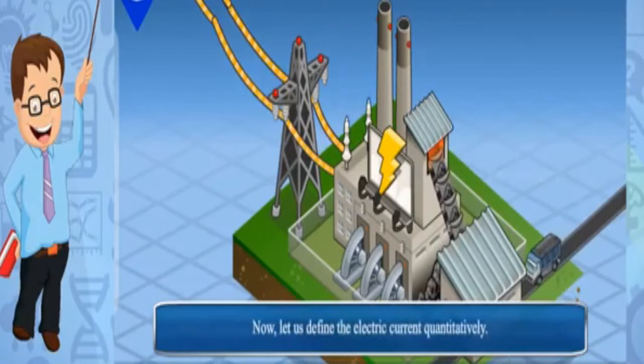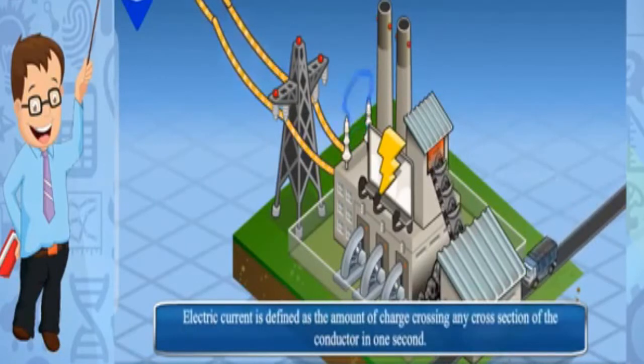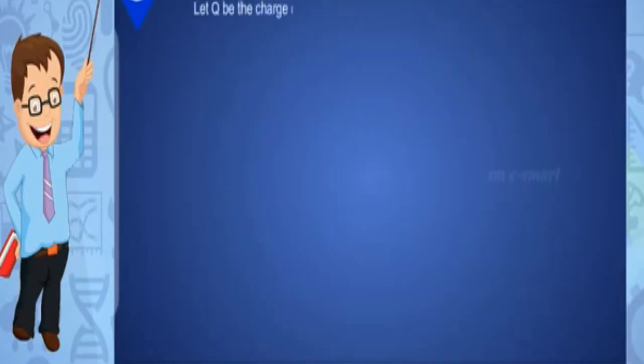Now, let us define the electric current quantitatively. Electric current is defined as the amount of charge crossing any cross section of the conductor in 1 second. Let Q be the charge crossing any cross section of the conductor in time t.